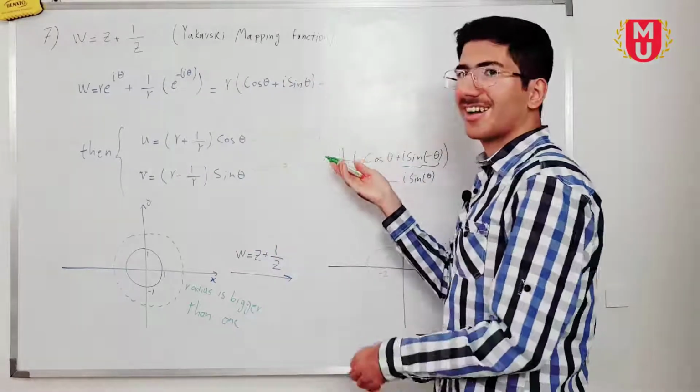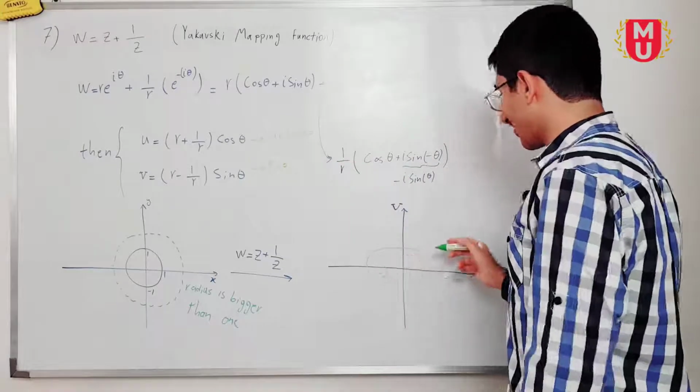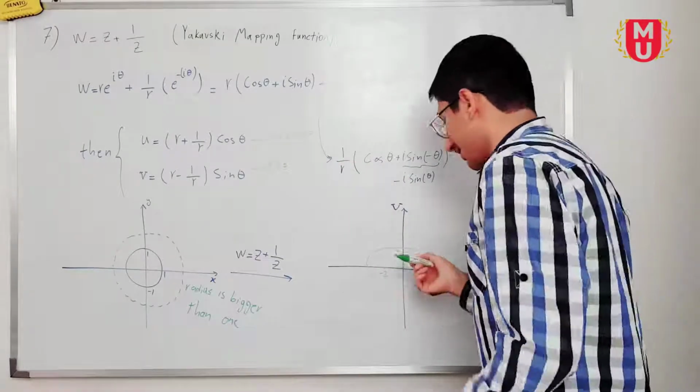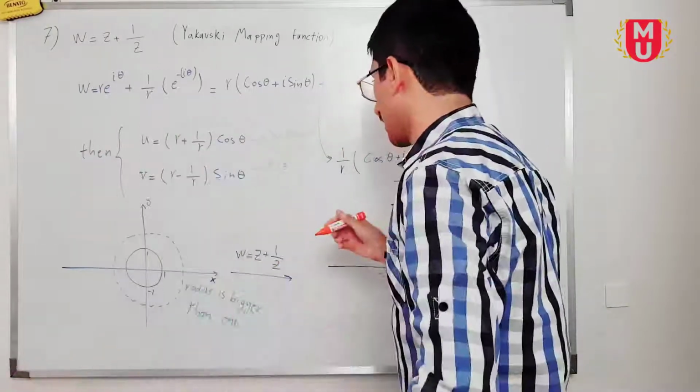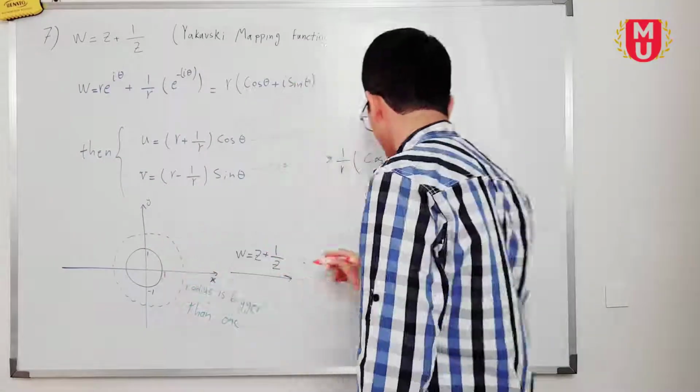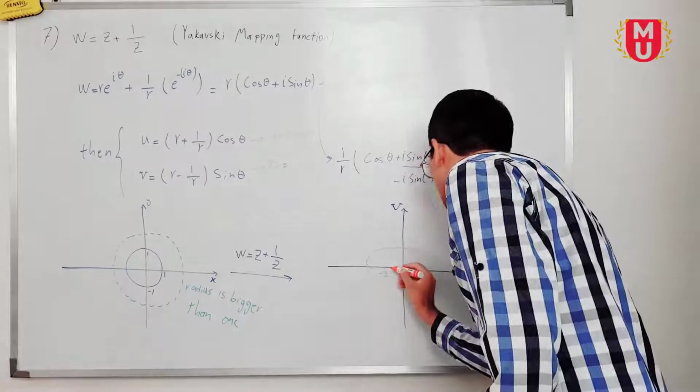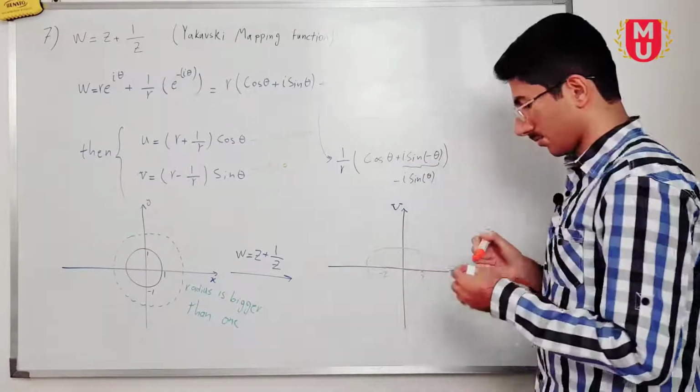It's a single line between -2 and 2. Did you see? That is very easy. The blue circle became a single line between -2 and 2.